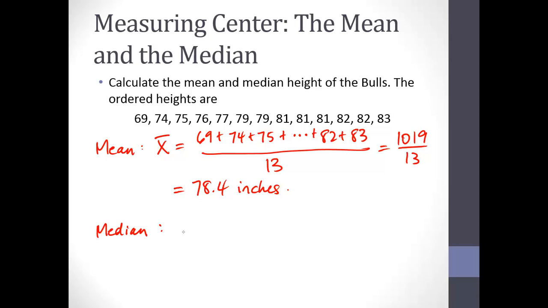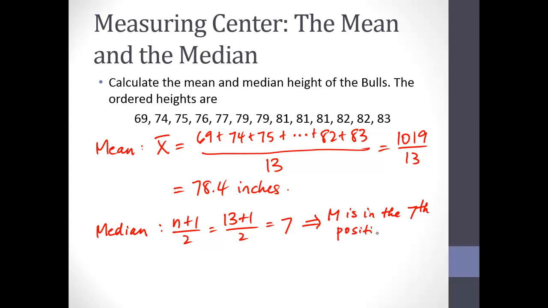So here n plus 1 divided by 2 is 13 plus 1 divided by 2 equals 7, so the median is in the 7th position. And if you count over, remember that it's very important to have the numbers in order. I've done that for you here, but you might have to do that on your own if you're trying a new example. Count over to 1, 2, 3, 4, 5, 6, 7. It gives us that the median is 79 inches.